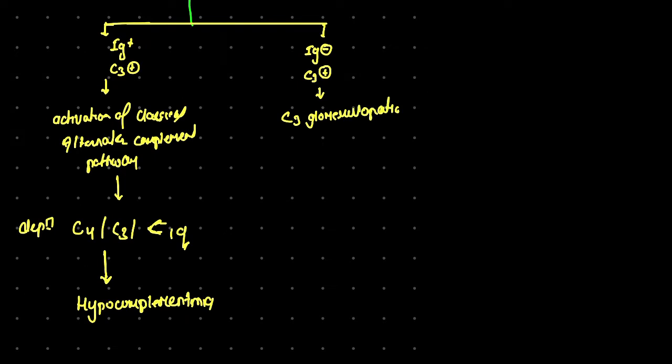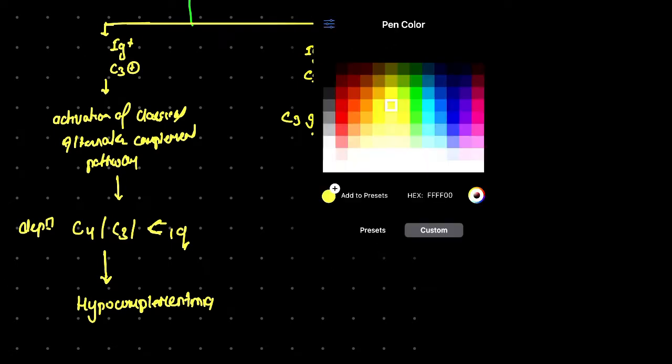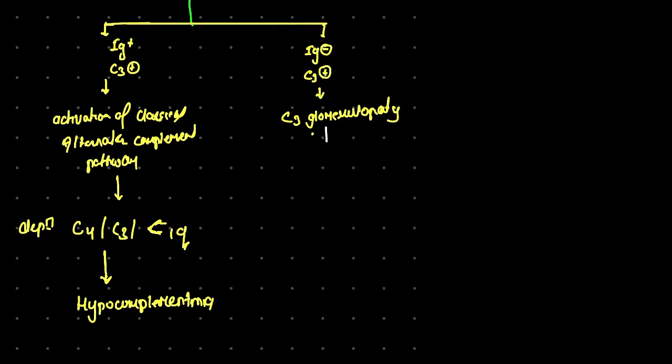Now in this C3 glomerulopathy, we have further divisions. What are the divisions? There will be C3 glomerulonephropathy. Another is our dense deposit disease, and this dense deposit is the one that we will be discussing in detail.